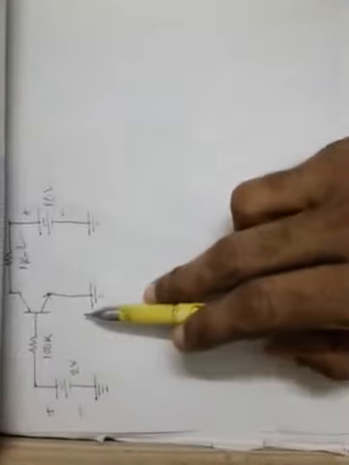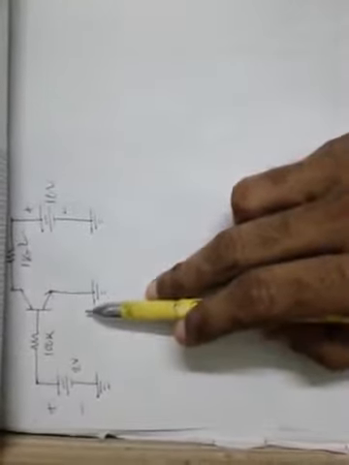Now let us solve a numerical problem. This circuit is given. You need to calculate, considering non-ideal diode, the base current IB, and also the voltage across the base resistor, that means 100K, and the collector current IC.